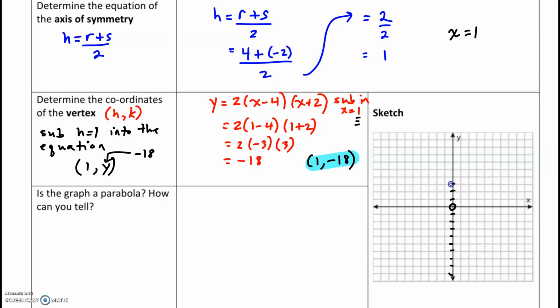Remember, you have to count the same above and below, so my positive and my negative values have to be the same. So above I also count by 2's: 2, 4, 6, 8, 10, 12, 14, 16, 18.